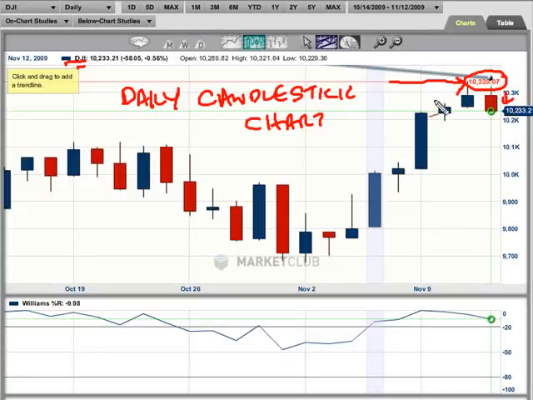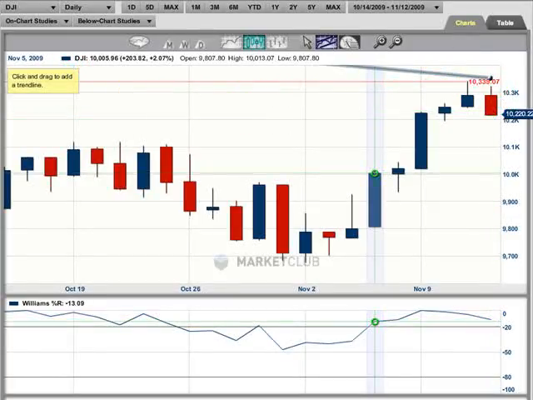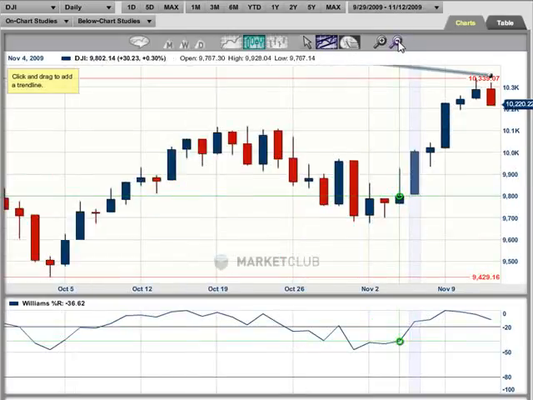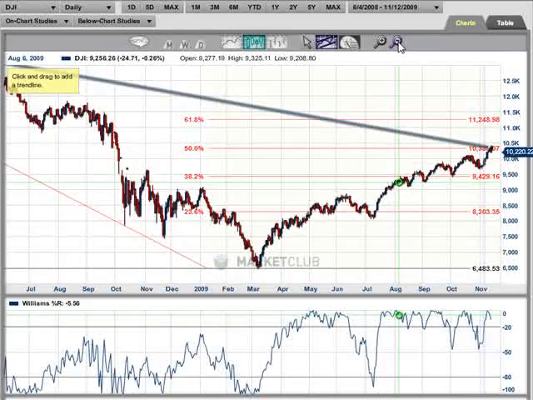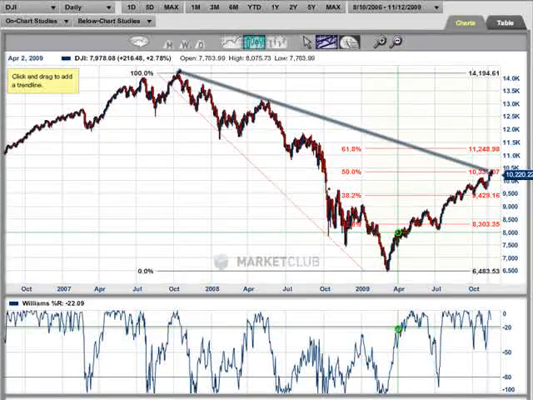But what's also important is this line right here. Now you just barely see it, but what I'm going to do is take everything off the screen. I'm going to scope this out for you to show you how important this line is. So as we keep going out, you can see now that we're going from the highs right here.